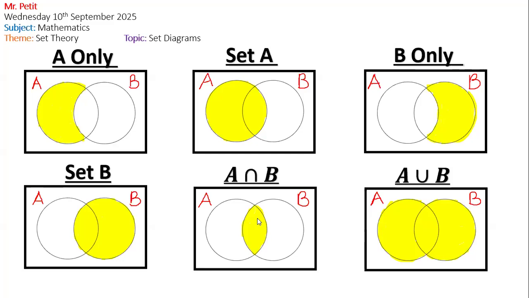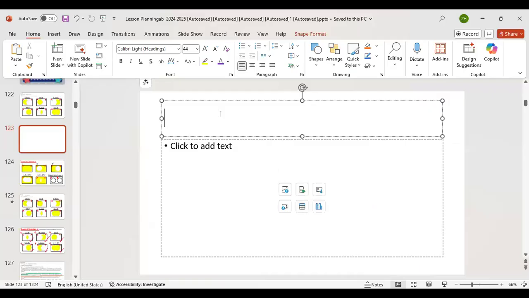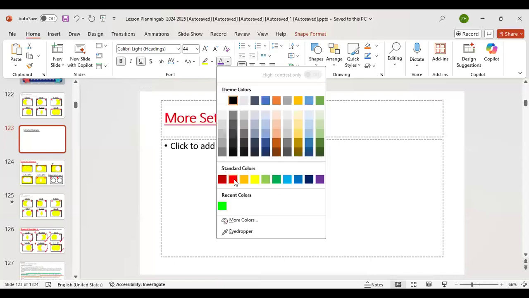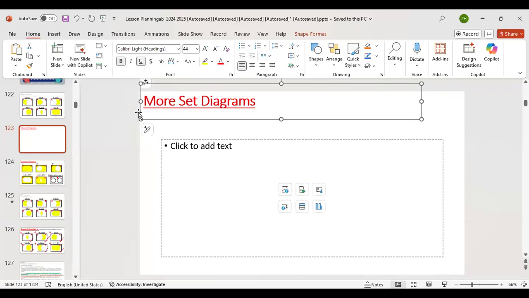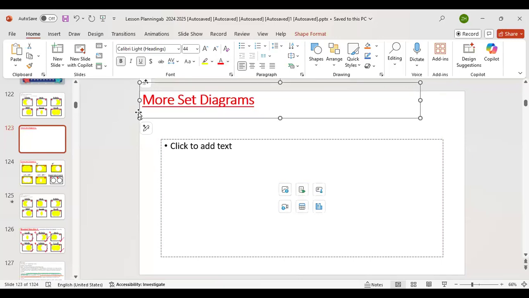So let's say we're gonna call this one more set diagrams. More set diagrams. And so we're gonna finish up.